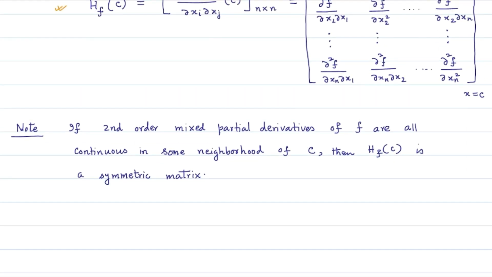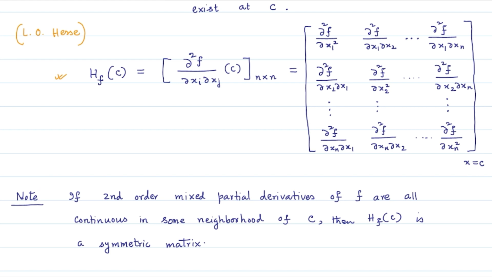Because under this assumption of continuity of second order mixed partial derivatives, this element is equal to this element, and the ijth element is equal to the jith element, thereby making this Hessian matrix a symmetric matrix.